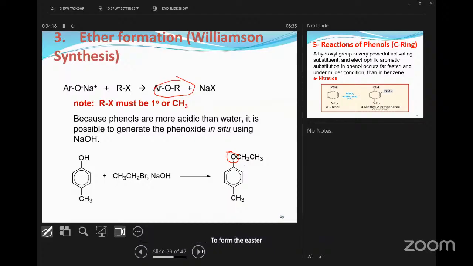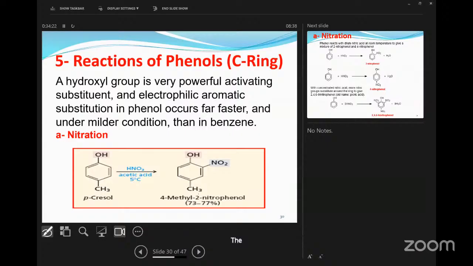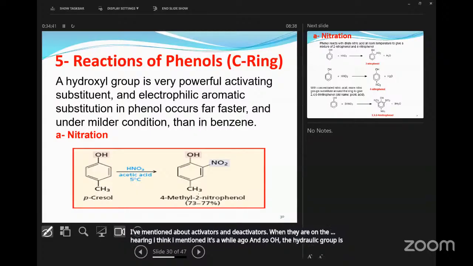It's a straightforward reaction. Now the reactions of phenols on the carbon ring. The hydroxyl group is a very powerful activating substituent. I've mentioned activators and deactivators when they are on the benzene ring. I think I mentioned it a while ago. So OH, the hydroxyl group, is one of the powerful substituents that can be on benzene that will make it an activator.